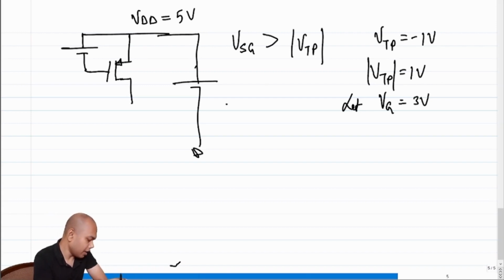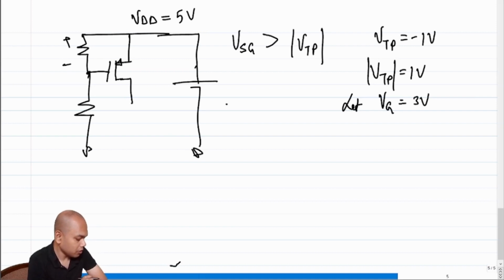We know that this is again not possible, but we also know multiple ways of biasing. We'll put a resistor divider, so that the voltage difference between these two nodes is 2 volts. So let's say we did that.